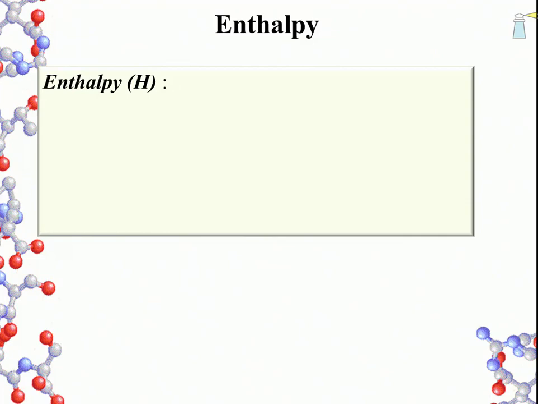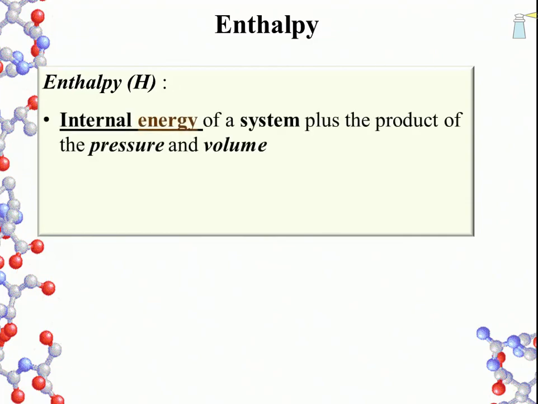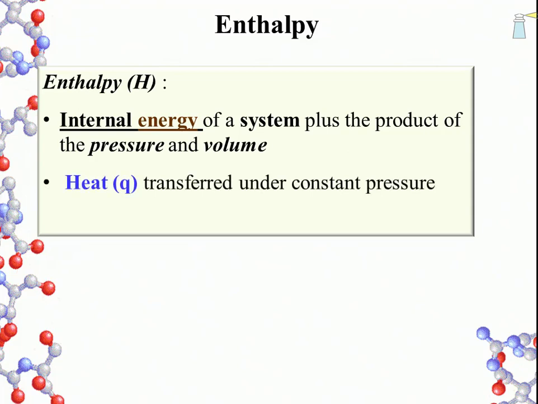Its thermodynamic definition is the internal energy of a system plus the product of the pressure and volume. That is the precise definition, but there are more useful ones to our study, including enthalpy being heat transferred under constant pressure, and enthalpy being heat content or total heat.